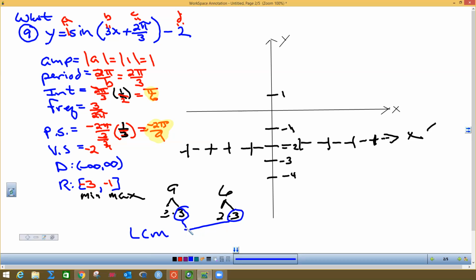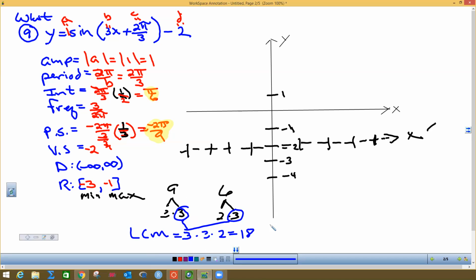If there are any factors in common, you write it down just once. If there were more, I'd circle the two others and write down one for those, but there's no more. Then you must multiply by everything else not there. So 18 is my least common multiple.